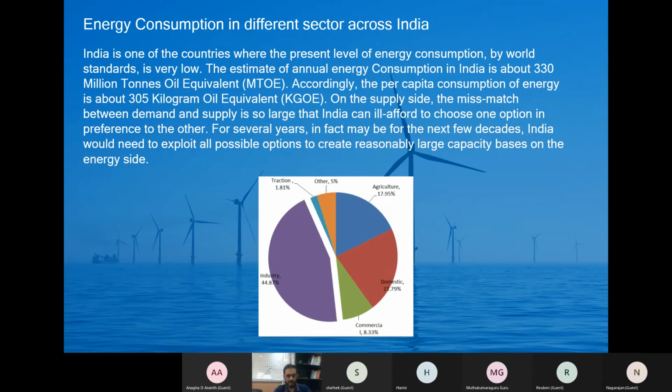So from this chart, it is clear that if we concentrate on energy consumption of domestic, commercial and industry, where energy audit and management can be done easily, then more conservation can be done in these sectors. The important thing to remember is to focus on major energy users and areas to conserve energy.